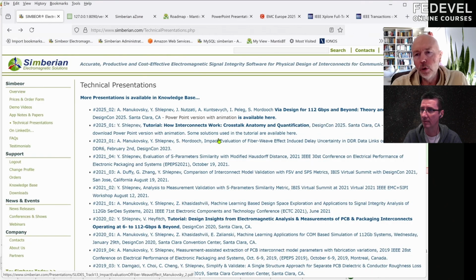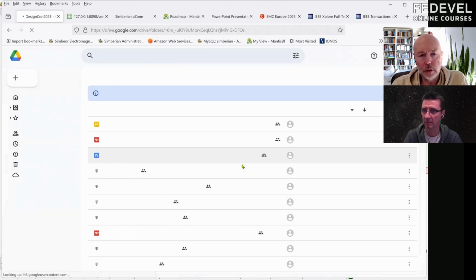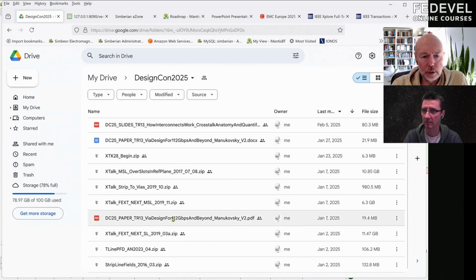Allows loading existing solution with field views. And there are examples that I use for DesignCon and that we'll use today. They are located in this folder, so you can download some examples, use viewer license, like crosstalk and strip lines, power flow density and transmission lines, and crosstalk and microstrip line.